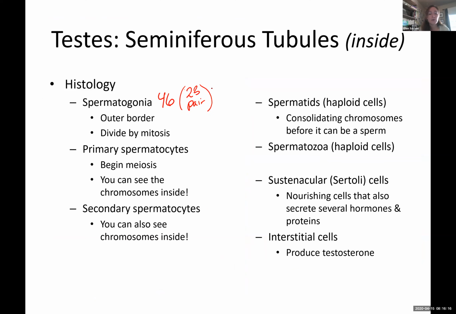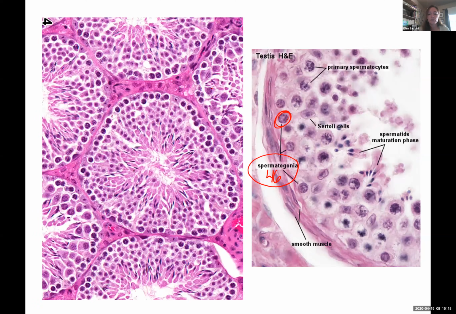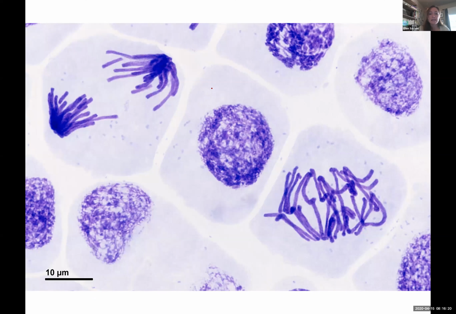For the primary spermatocytes, I also wanted to show you what a normal nucleus looks like, and then you can see the stringy stuff in these cells at different phases. This is actually a plant cell, I'm pretty sure, at different phases of mitosis. We're going through meiosis, but I really wanted to show you how it's packed up nice and tight versus all loose and stringy.